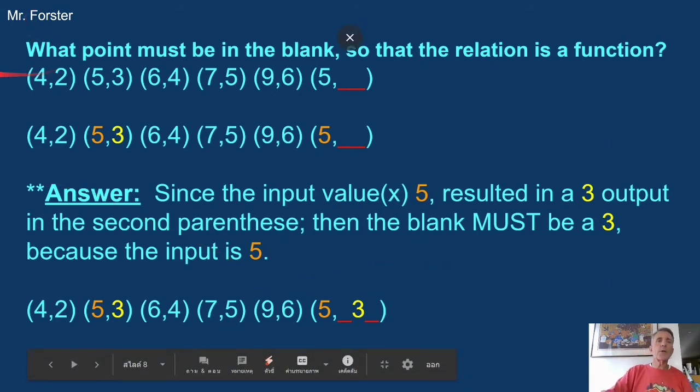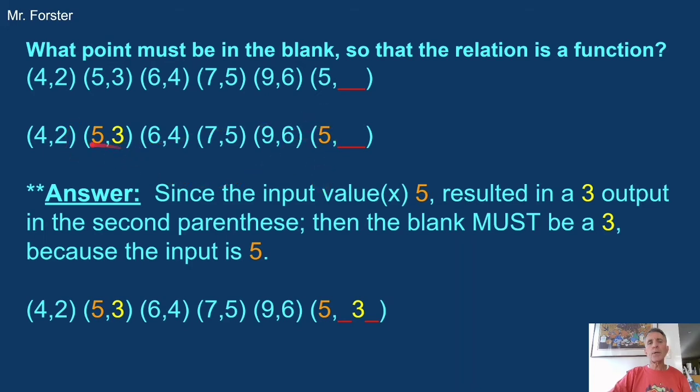Okay, and here's a good question. What point must be in the blank so that the relation is a function? I did this to confuse you a little bit. Well, let's look at the outputs. 2, 3, 4, 5, 6, 7. You might say, oh, that's going to be 7. But then you have to look here. Wait a minute. Mr. Forster put another 5 there.